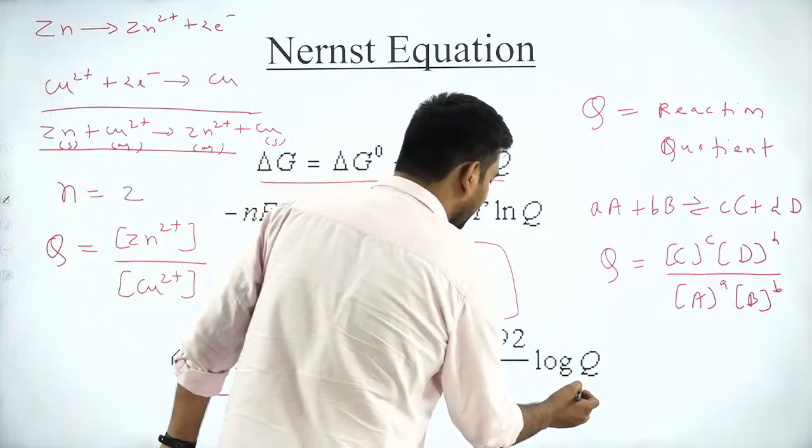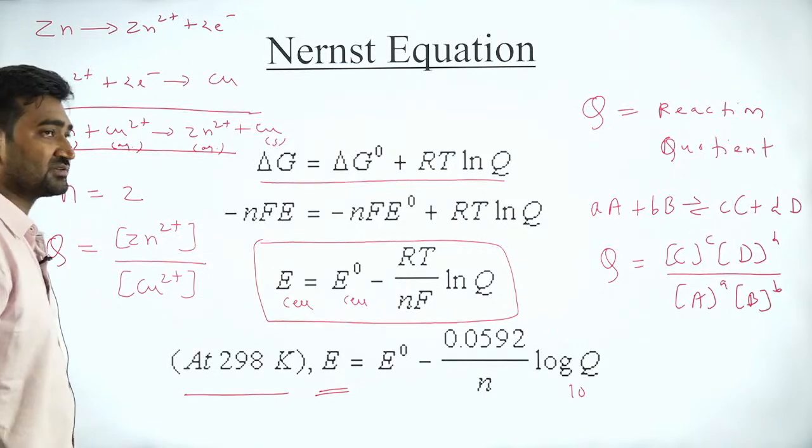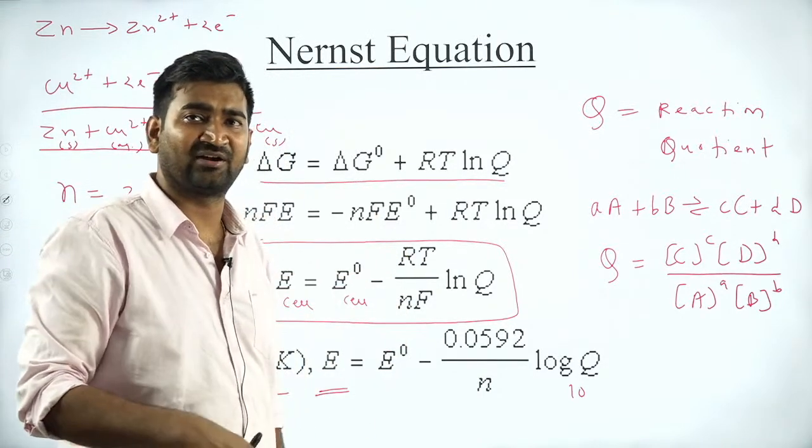This log is base 10 log, and it is a very, very important formula, because many times you don't need to do all these calculations, it will be a waste of time.